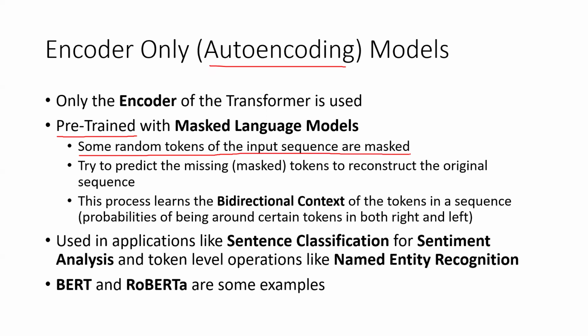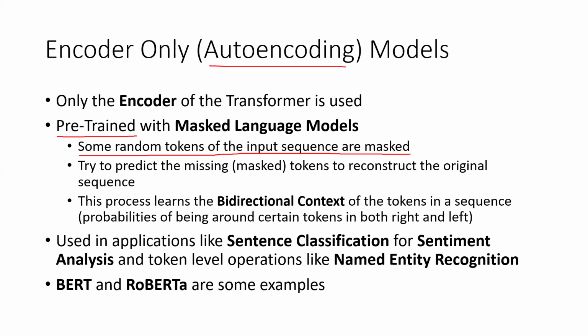It is like a grade 2 question paper where students are asked to fill in the blanks in some sentences. When students know the language to a certain level, they can fill in the blanks and complete the sentences. This is what is asked when you are training an encoder-only model, an autoencoding model.